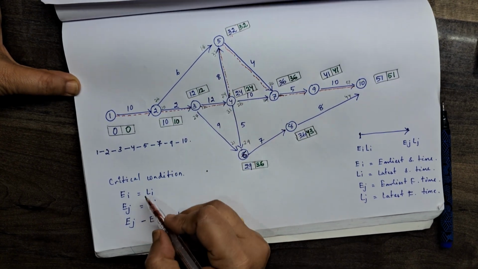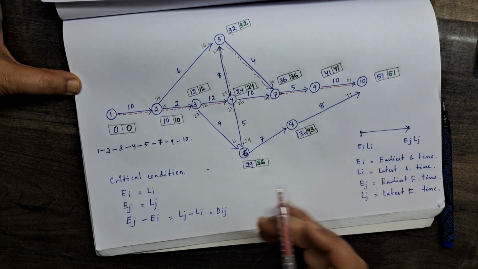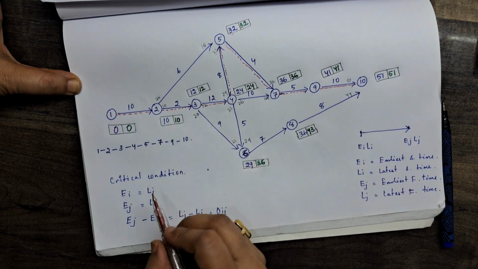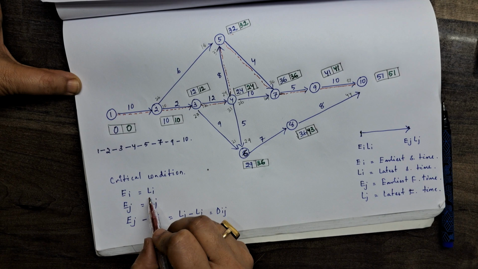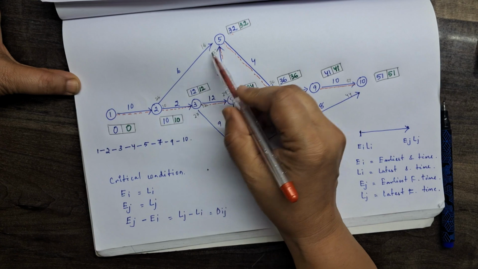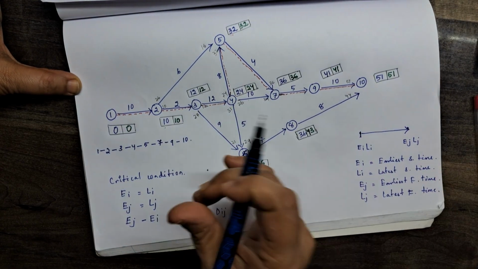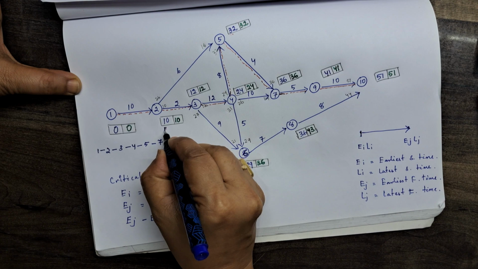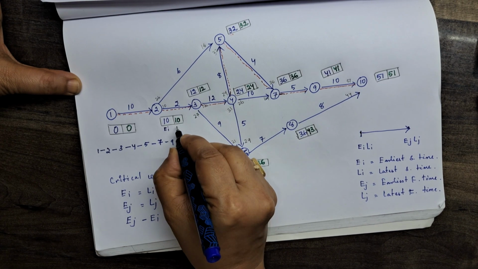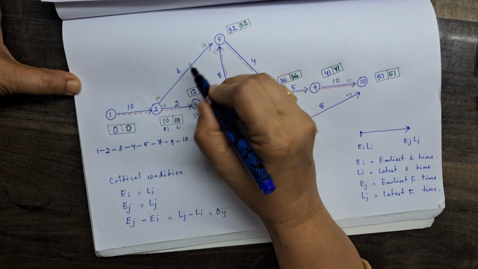Because it is not satisfying the conditions of a critical activity. First condition is EI should be equal to LI. EI is nothing but the earliest start time. This is EI and this is LI for this activity.